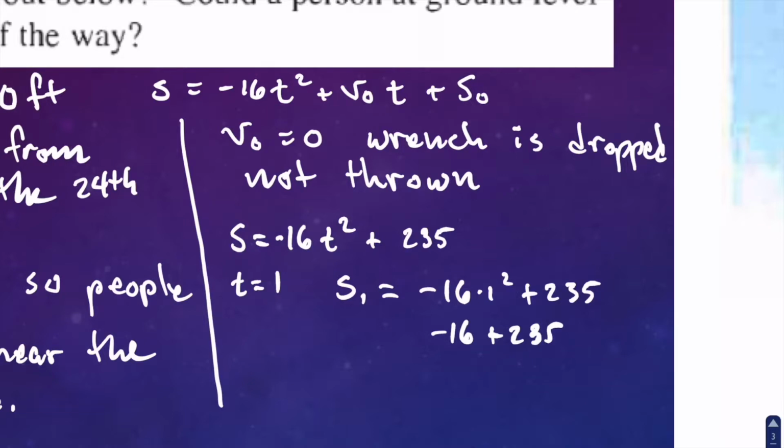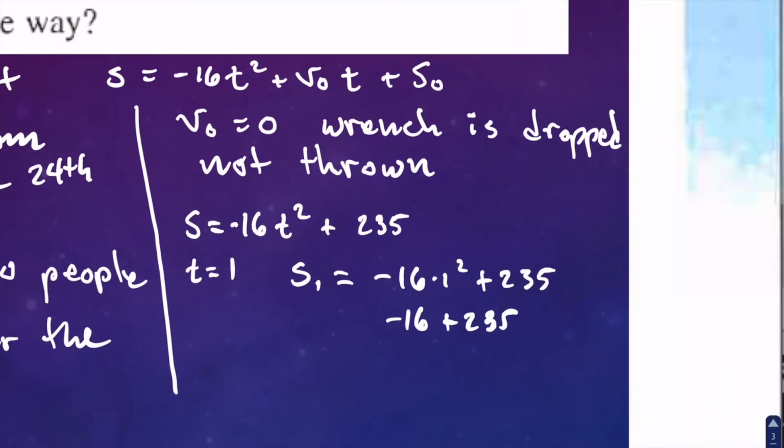That ends up being 219 feet. So the wrench is still 219 feet off the ground after 1 second.